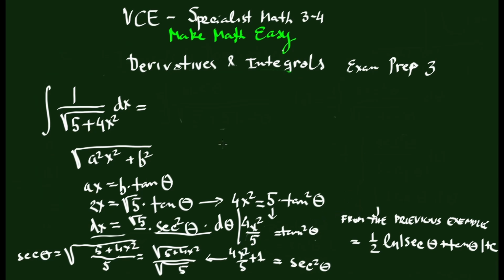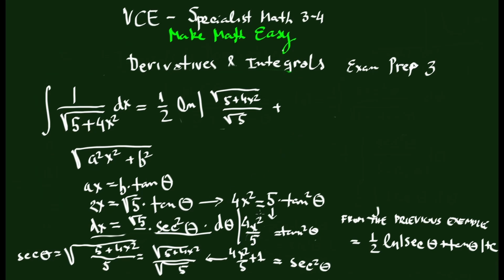So what we have is 1/2 of ln of, the secant itself is the square root of 5 plus 4x squared divided by square root of 5, plus tangent.